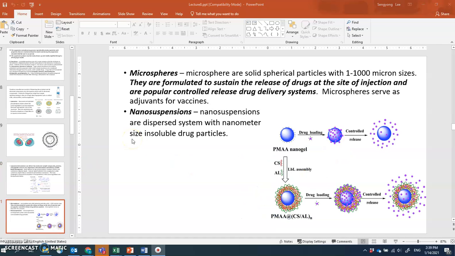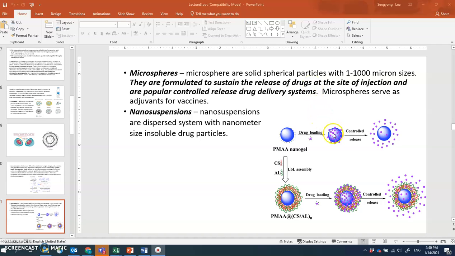And next kind of dispersed drug called microspheres. So they are solid particles that are in micron sizes. Those are microspheres, like spherical shape. Okay, those particles have different sizes, from 1 to 1,000 microns, and they are formulated to sustain the release of drug, just like adjuvant in vaccine.